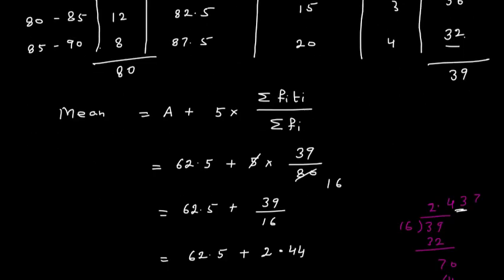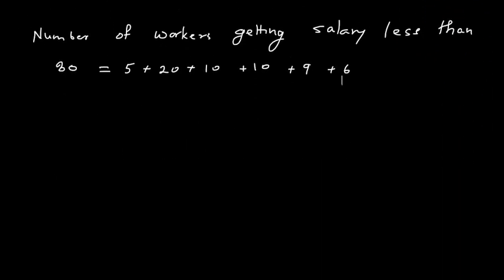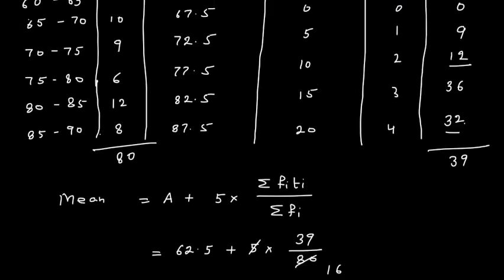These are the number of workers who are getting salary less than rupees 80. So what is this? 20, 30, 40, then 9 plus 6 plus 5, it is 20. So 20, 30, 40, 40 plus 20, 60. So there are total 60 workers who are getting salary less than 80.